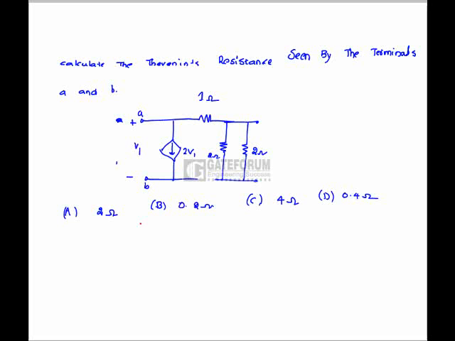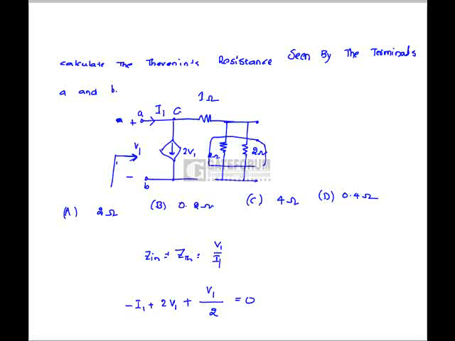The question is to calculate the Thevenin's resistance seen by the terminals A and B. That means we have to calculate the impedance of the network looking from the input side. If we consider this current as I1, then the Thevenin's impedance is V1 by I1. Applying KCL at node C: minus I1 plus 2V1 plus V1 divided by 2 ohms equals 0.